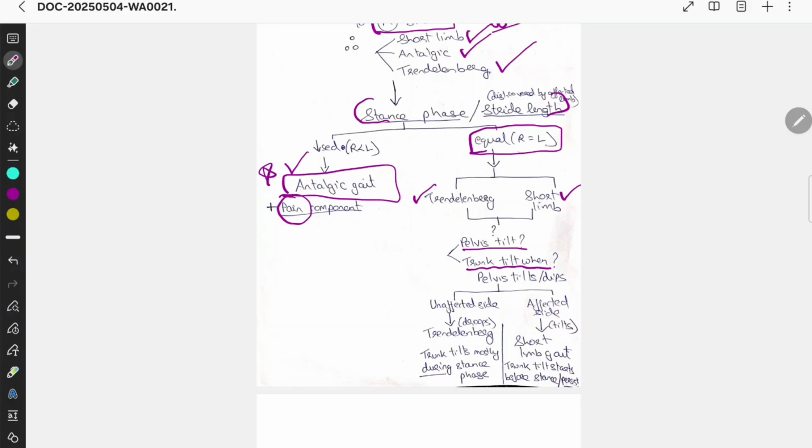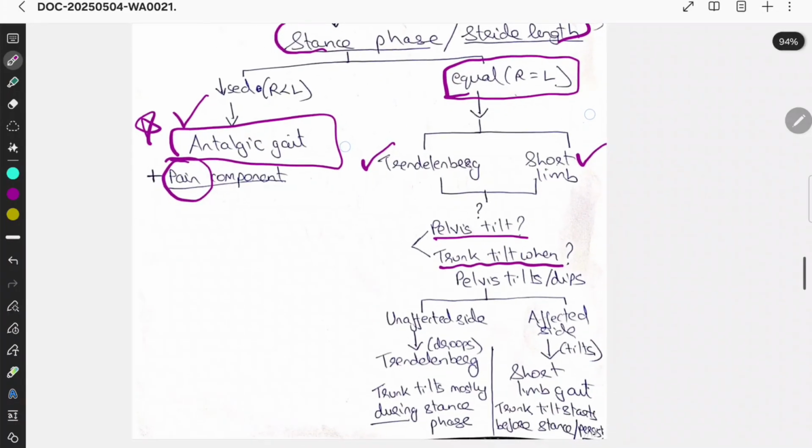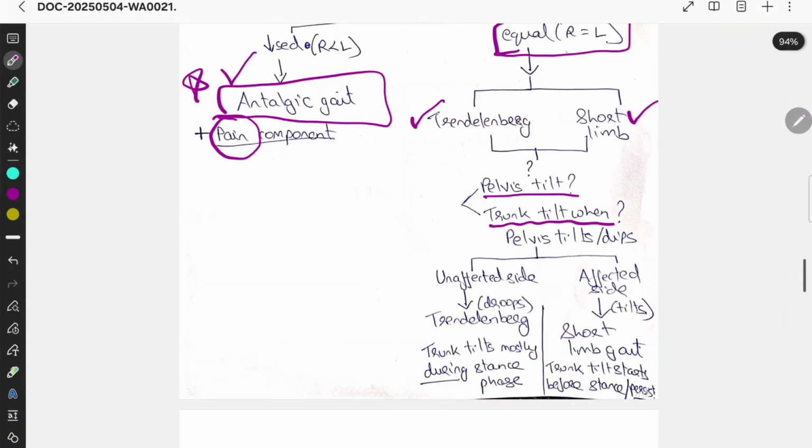If the pelvis tilts or dips towards the unaffected opposite side, the left side, as we understood in the core concept, then it is a Trendelenburg gait, because the pelvis droops on the opposite side. When does this mechanism start?